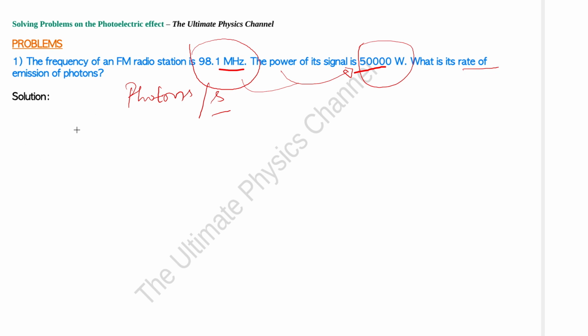So here we first calculate the energy of a photon.